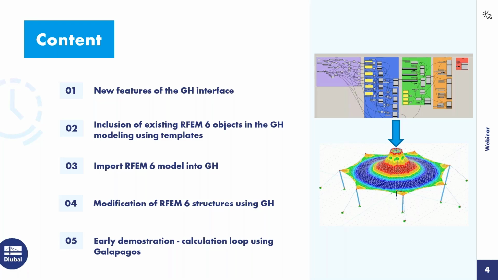Then in section 3, I will show the basic functionality of importing data from RFEM into Grasshopper, including the use of various filter options. Section 4 is the combination of sections 2 and 3, showing the modification of existing RFEM structures. And then section 5 is an early demonstration of showing how a calculation loop can be created using a component in Grasshopper called Galápagos.